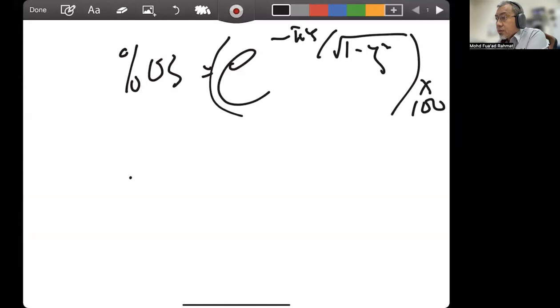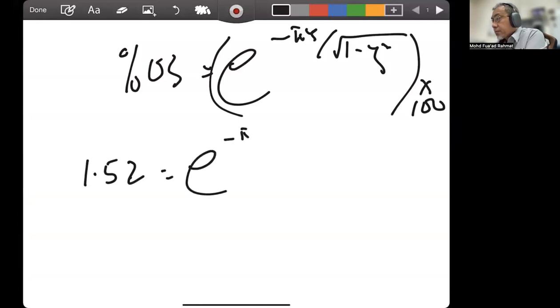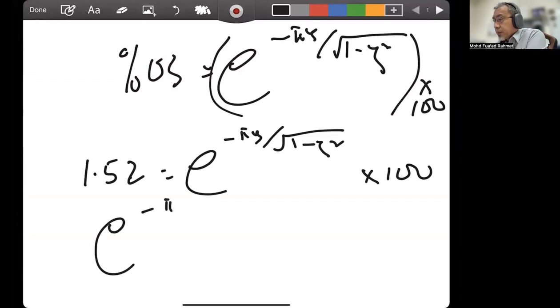So 1.52 multiplied by 100 equals that exponent, so you will get 0.0152.